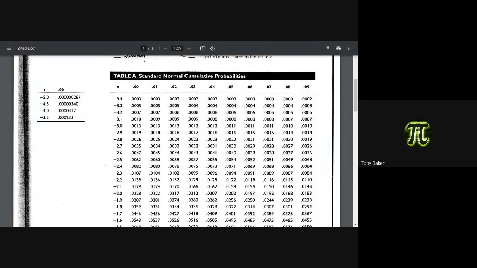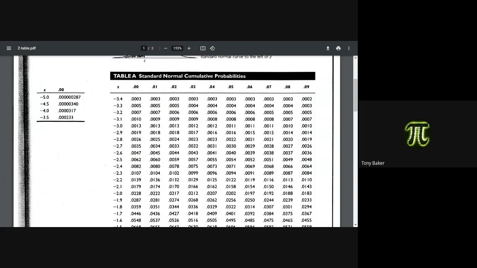So you should have a table that looks similar to this. It's literally the back of the book, the cover. That's how important this is. They literally gave it the most important spot in the book. Okay? Because we're going to use it a lot.